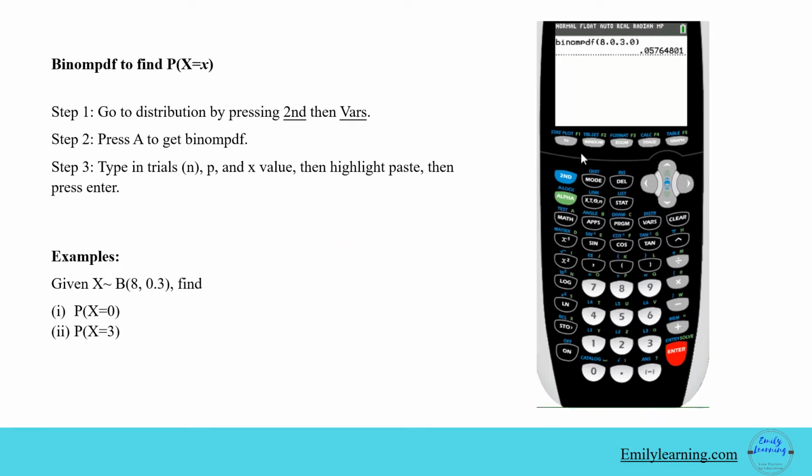Next, let's go on to find P of X equals to 3 for the binomial distribution where n is 8 and p is 0.3. To do so, go to distribution. Next, I will go to Binomial PDF. n is 8, p is 0.3, but now x is 3. I'll press paste, press enter, enter again.